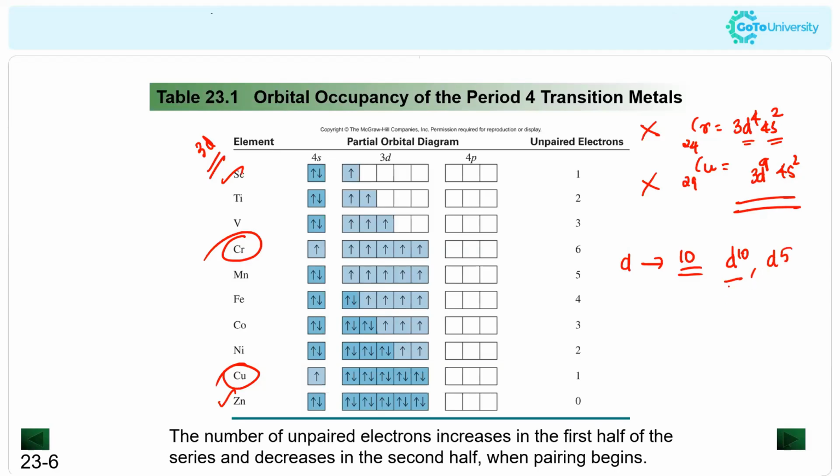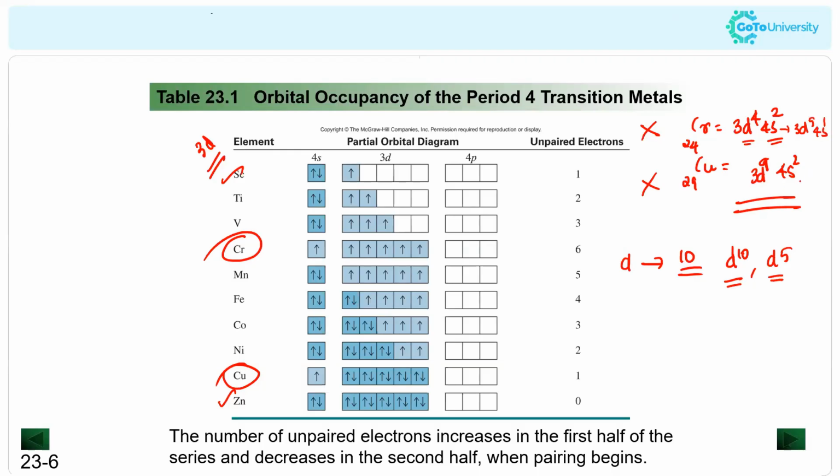The completely filled d10 and the partially filled d5 configurations are highly stable. So in the case of chromium, if one electron from 4s jumps or transfers to 3d, it becomes 3d5 4s1, right?